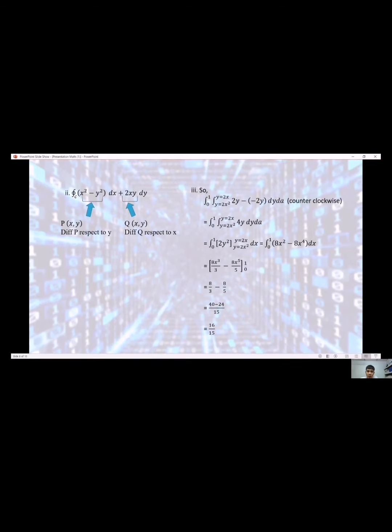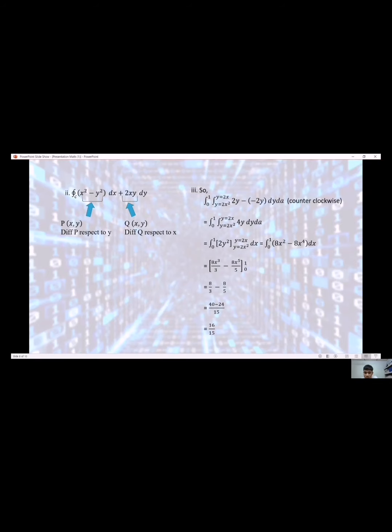So we have 2y minus negative 2y, from the differentiation of the two expressions. The 2y comes from differentiating 2xy with respect to x, and the negative 2y comes from differentiating x squared minus y squared with respect to y. So it becomes 2y minus negative 2y dy dA. dA you can put as dx also, no problem.